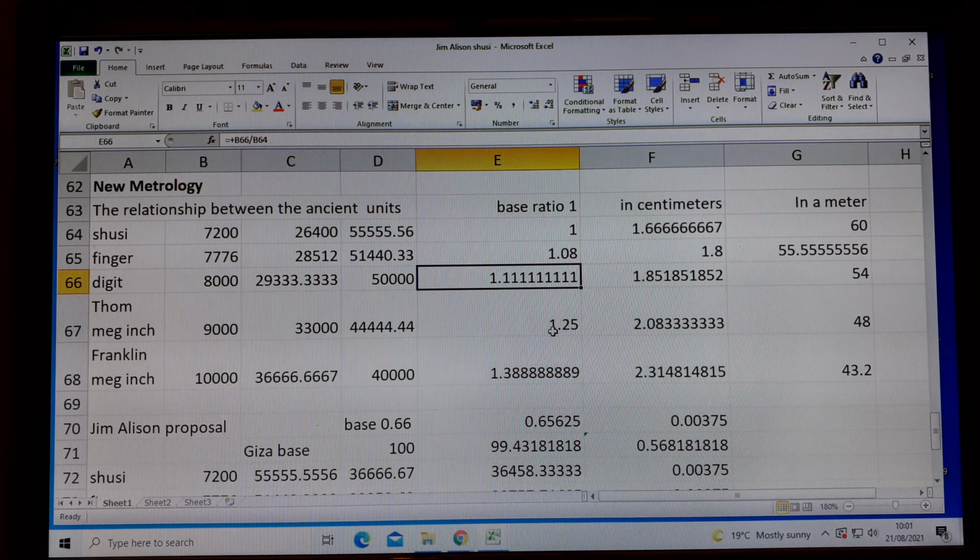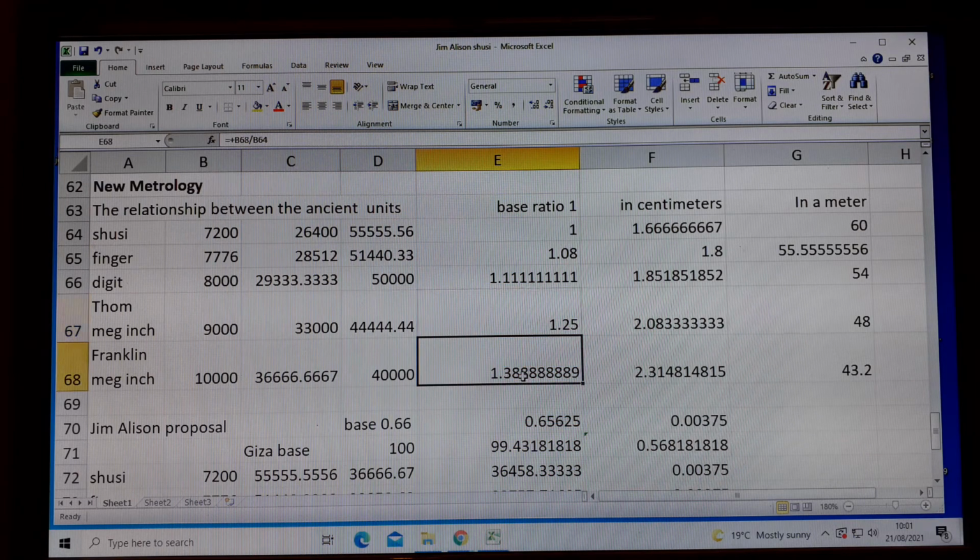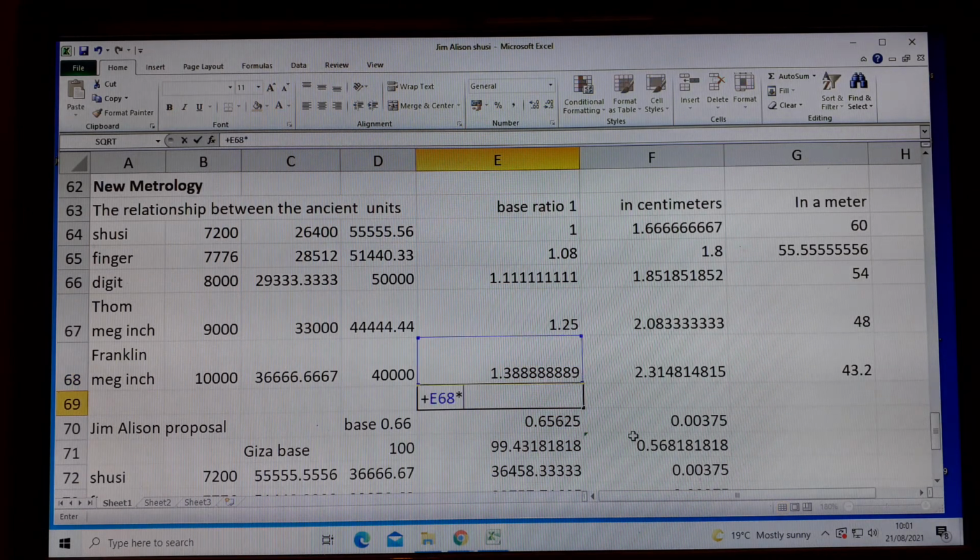Thom's megalithic inch is the Shusi times 1.25, and Franklin's megalithic inch is the Shusi times 1.3888 recurring. I think if we multiply that by 12, we get 16.66. So you can see that these ratios are built on very, very elegant proportions.